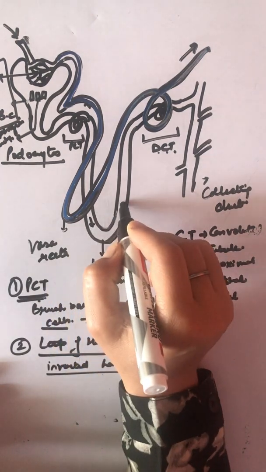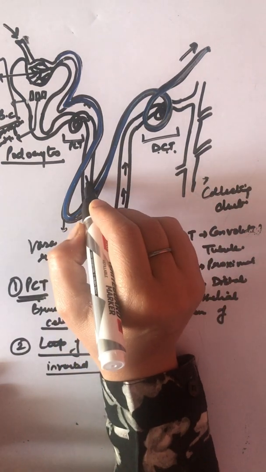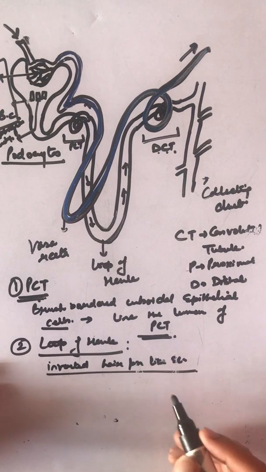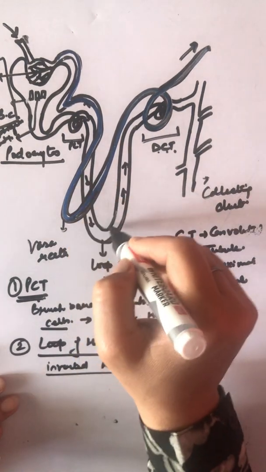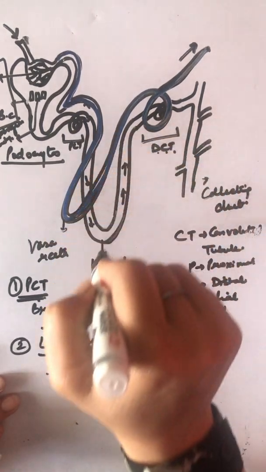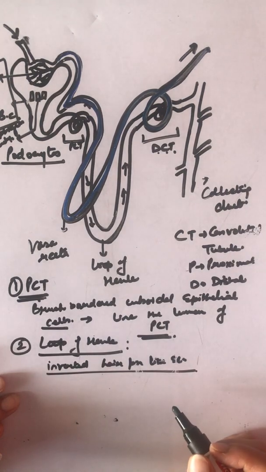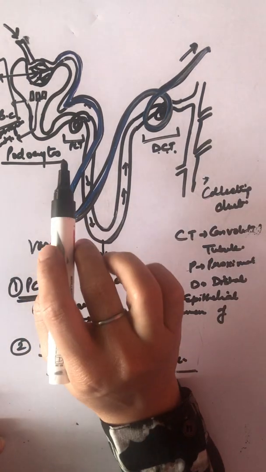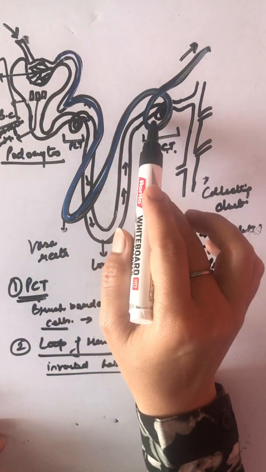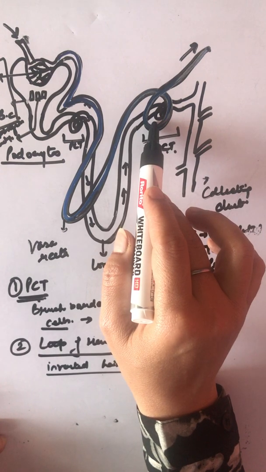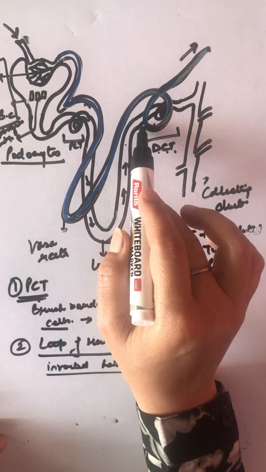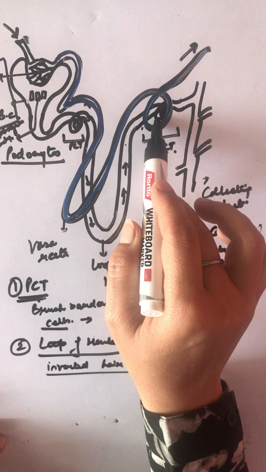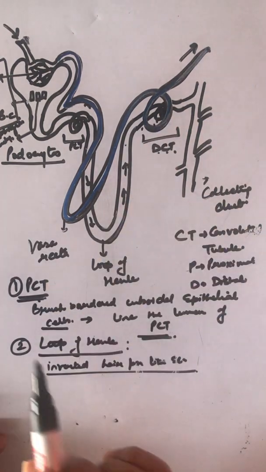This one is the descending and this one is the ascending limb. Clear? So, this U-shaped structure is the loop of Henle. It starts from the proximal and it reaches near the distal, meaning it ends at the beginning of the distal tubule, at the starting of distal tubule.